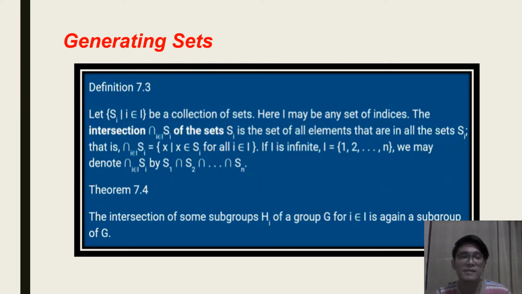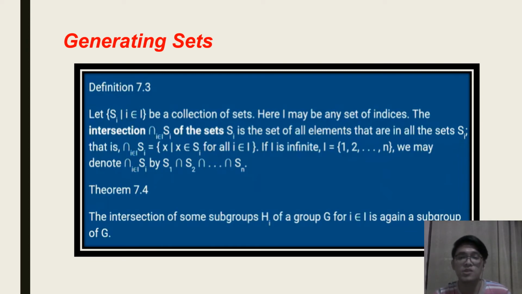That is, the intersection of S_i is equal to the set of x such that x is an element of S_i for all i in I. If I is finite, I equal to 1 up to n, then we may also denote the intersection of S_i by S_1 intersect S_2 and so on up to S_n.